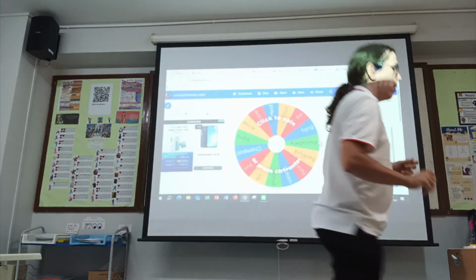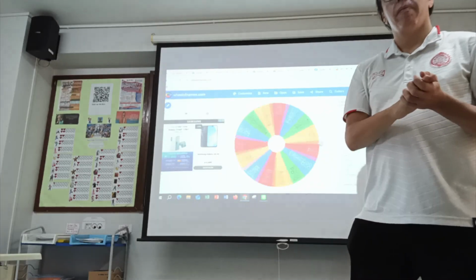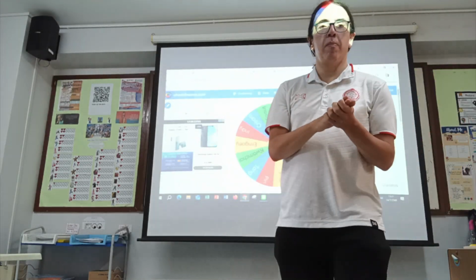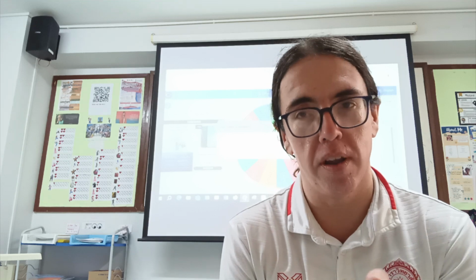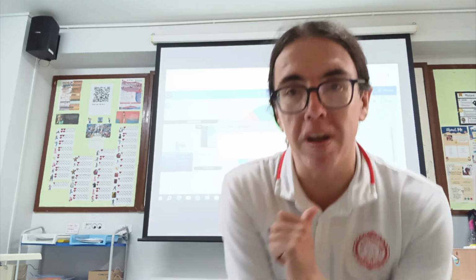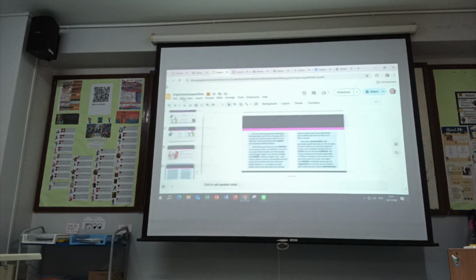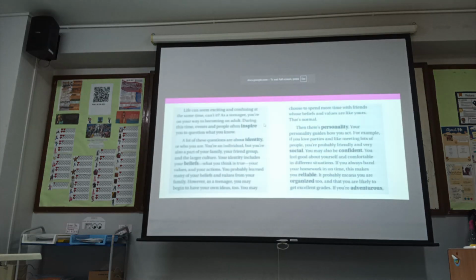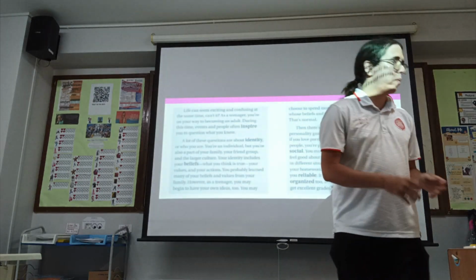What I do is I will click the wheel, and then whoever the wheel lands on has to read a paragraph from the reading. And we would obviously pause a bit to make for clarifications.